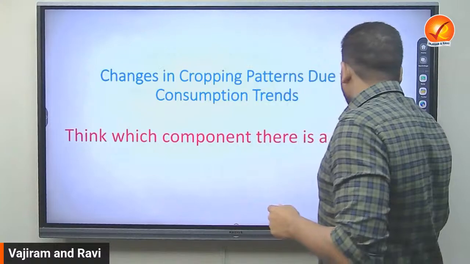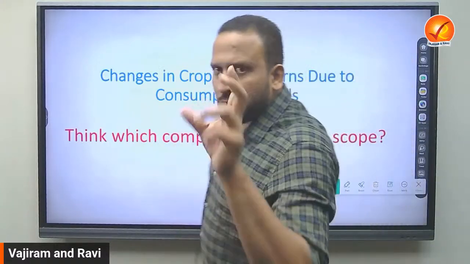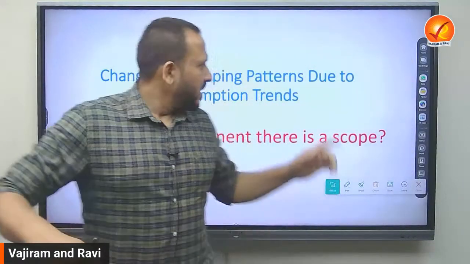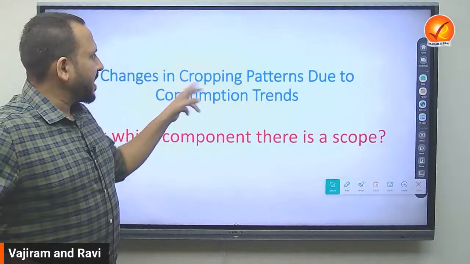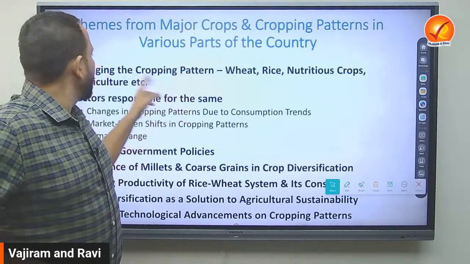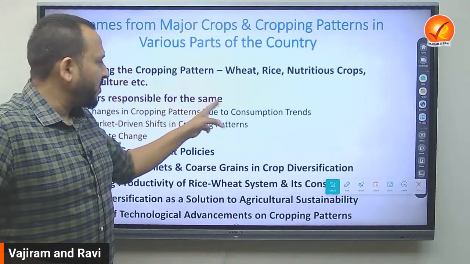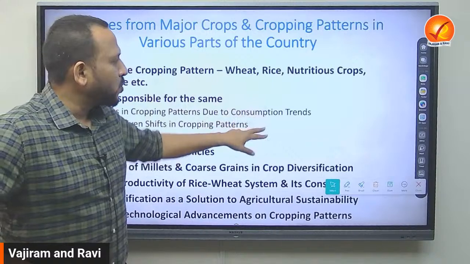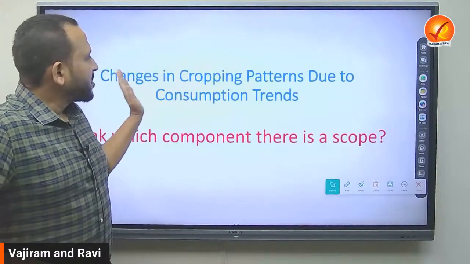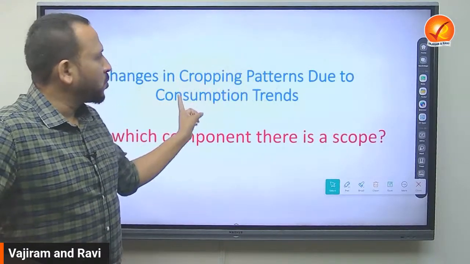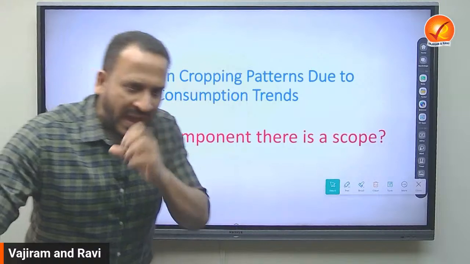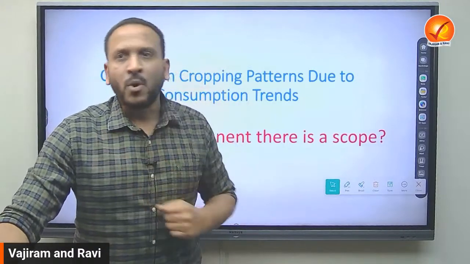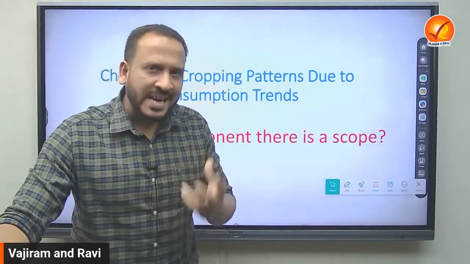Before we proceed, I want you to think. This is the first theme: factors responsible for the same, changes in cropping pattern due to consumption trends. If you have to write down the points, how many points can you think of?